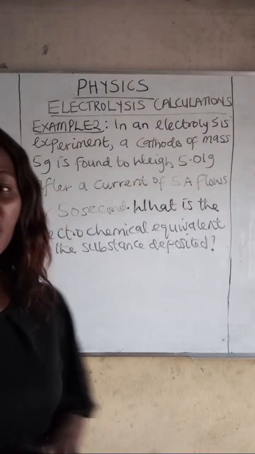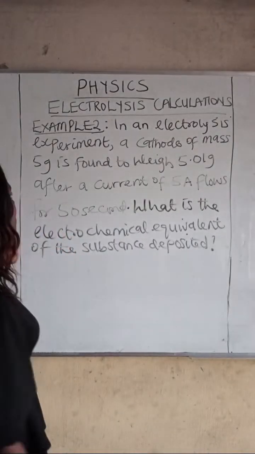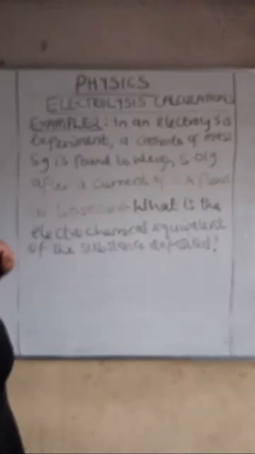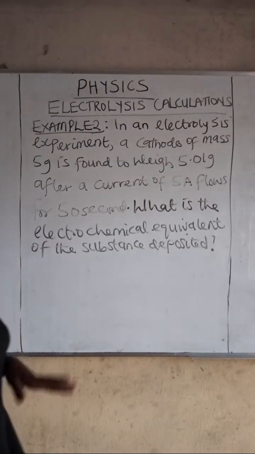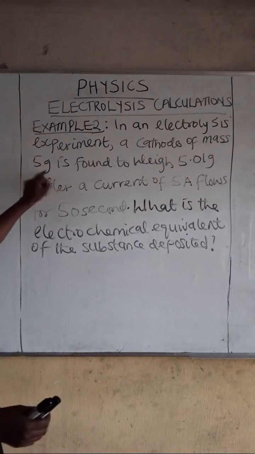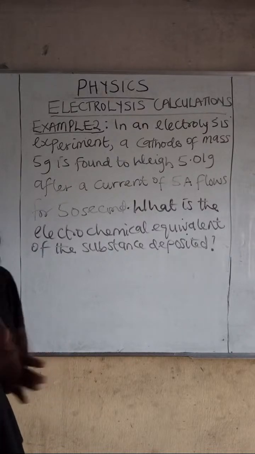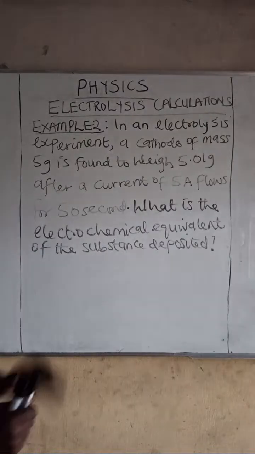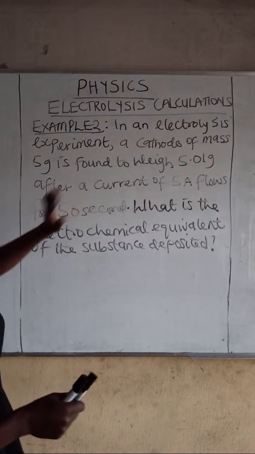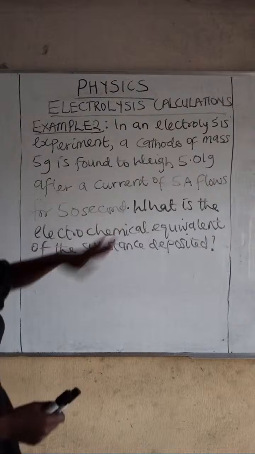Then let's look into the second example. The question says, in an electrolysis experiment, a metal of mass 5 grams is found to weigh 5.01 grams after a current of 5 amperes is passed for 50 seconds.